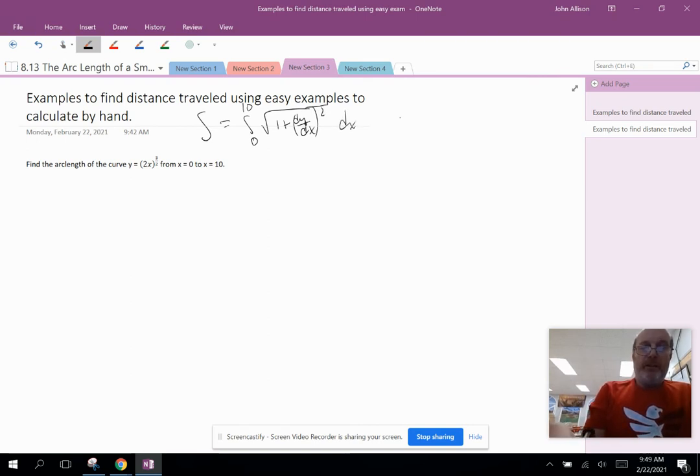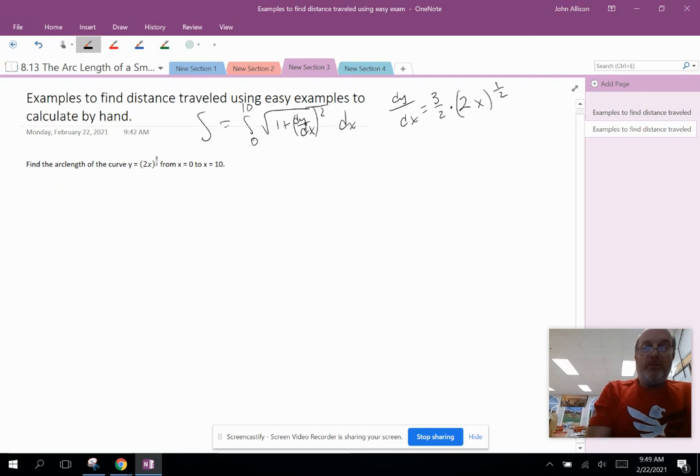Let me find dy dx, which is going to be 3 halves times (2x) raised to the 1 half. And recall that 2x is inside the exponent, so we can't cancel the 2's there. So that's going to be our dy dx.